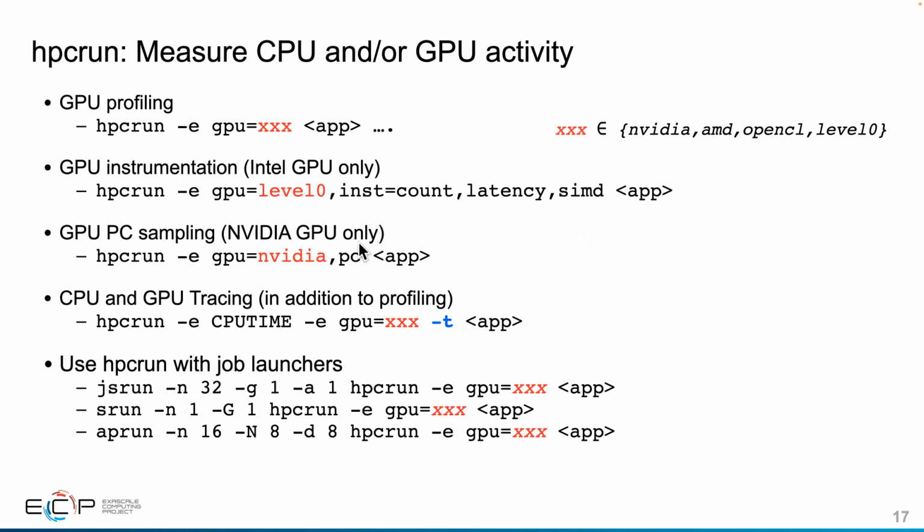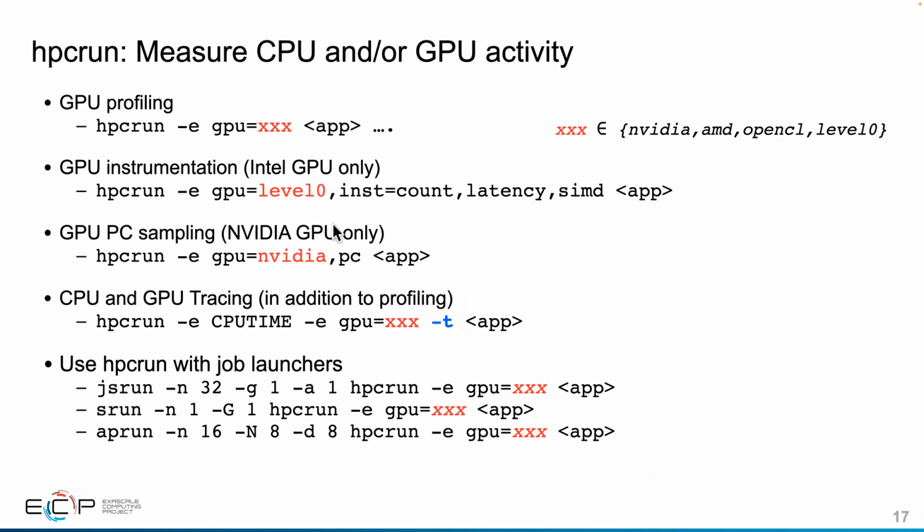On NVIDIA GPUs, we can use PC sampling on the GPU. And so you just say, I want to use an NVIDIA GPU and turn on PC sampling. And then you run your application with whatever arguments. If you're interested in tracing, then you can just add -t. And that will trace, if you're measuring on the CPU and measuring on the GPU, both the CPU activity and the GPU activity.